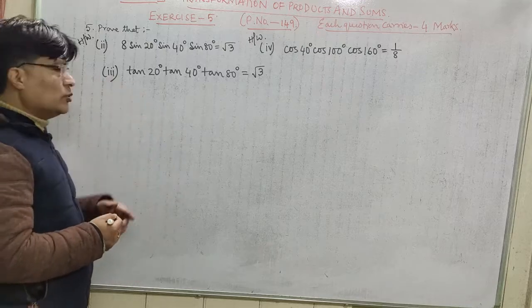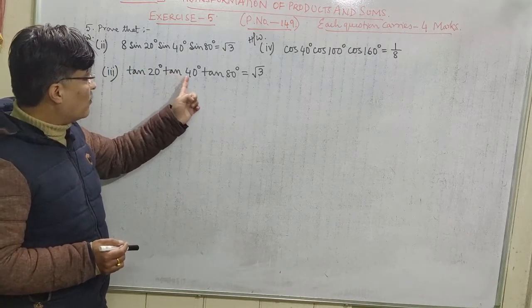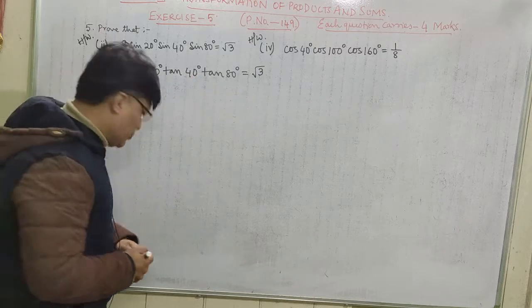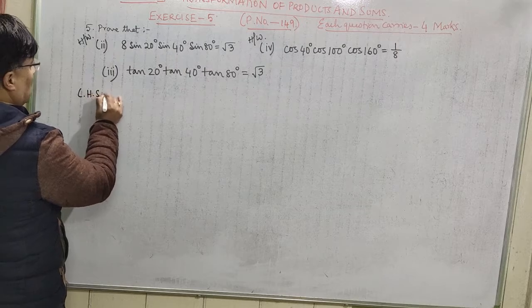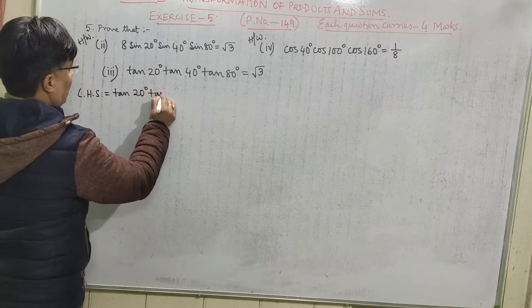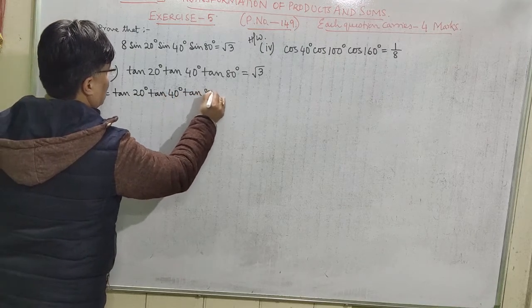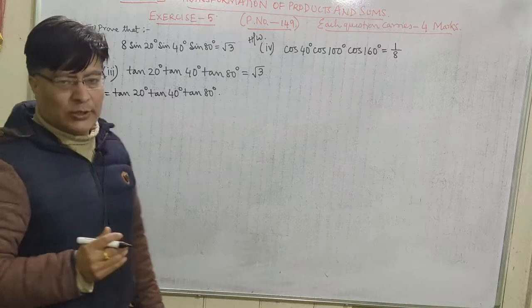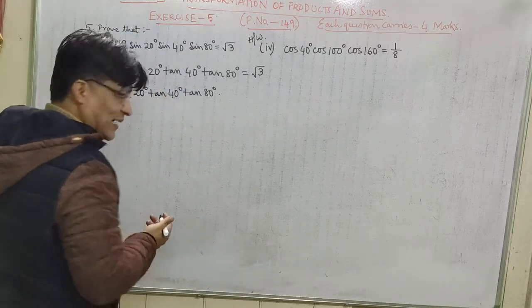Okay, so let's do this question number 3 out here. You have to prove that tan 20, tan 40, tan 80 is equal to √3. So let us prove it. So here LHS is equal to tan 20, tan 40 and tan 80 degree, right? So in this case, you have to convert this tan into sin and cos. And you know the formula of tan.